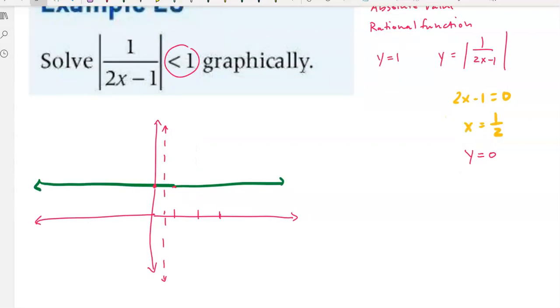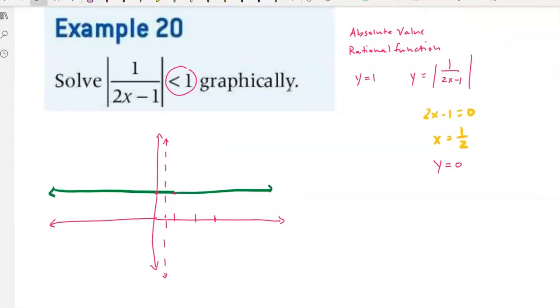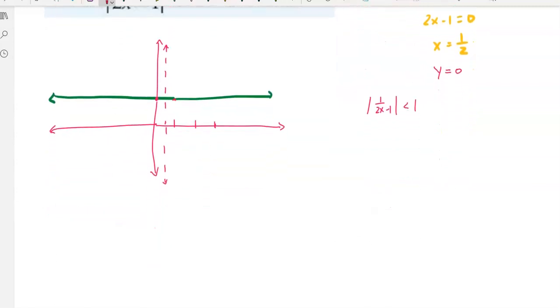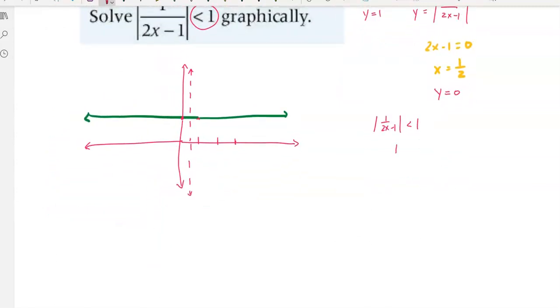Okay. So let's just go ahead and solve the inequality. 1 over 2x minus 1. So 1. Take it out of 2x minus 1. It's going to be, it implies negative 1. Let's go ahead and split those up. 2x minus 1 less than 1.